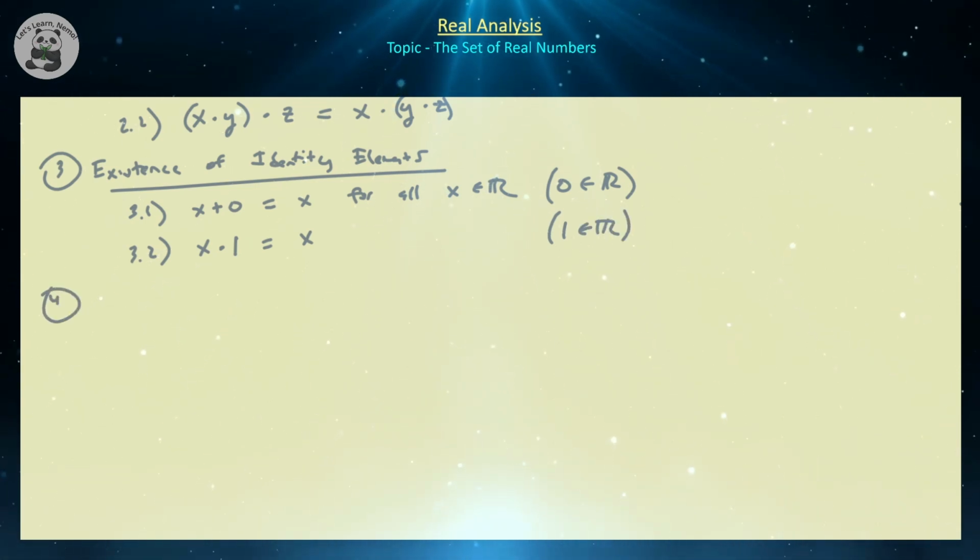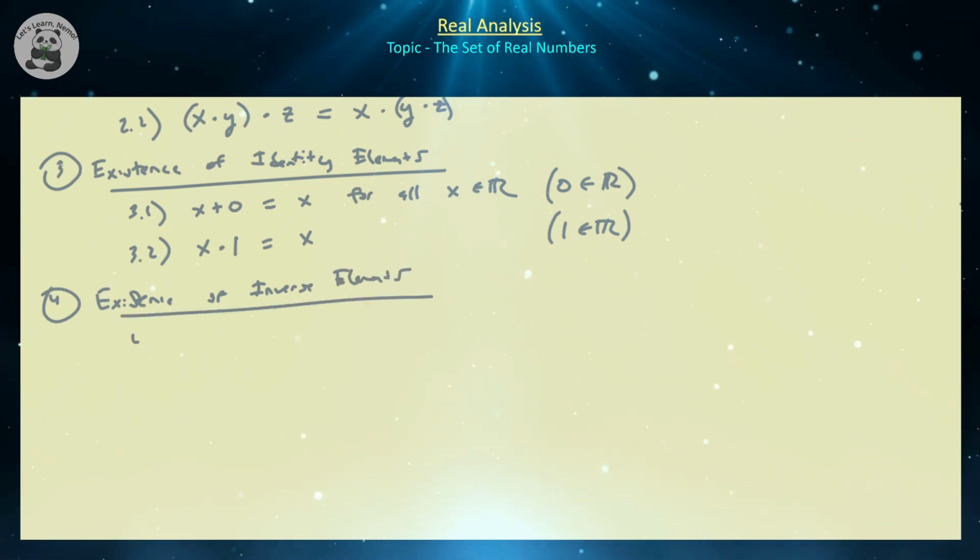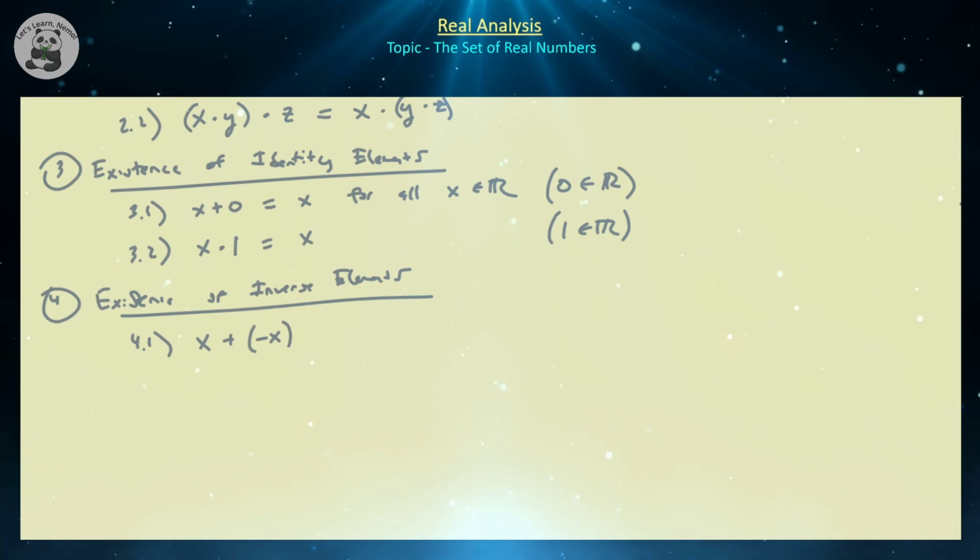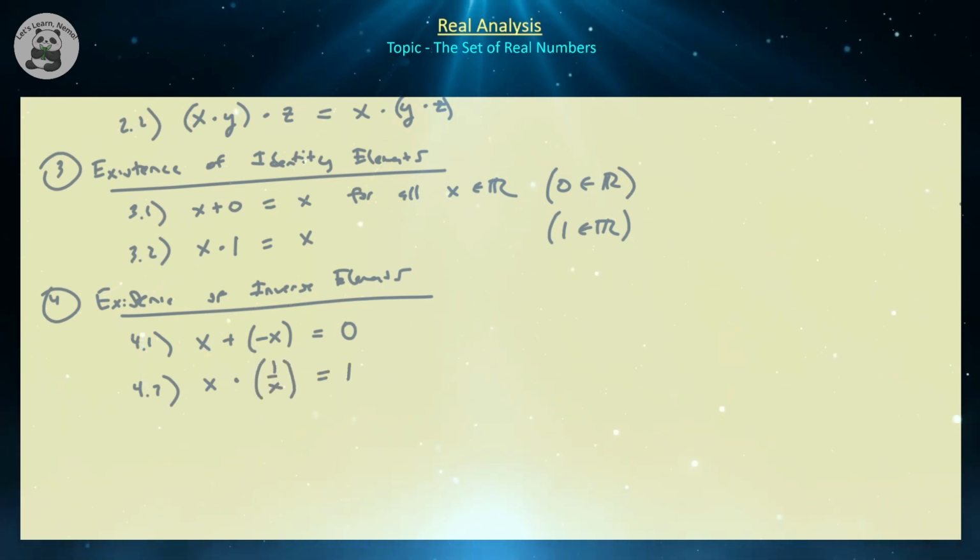The fourth is the existence of inverse elements. For addition, this says that if I give you a real number x, there always exists another real number minus x such that x plus minus x is equal to the additive identity element 0. The same thing goes for multiplication. If I give you a real number x, there always exists a real number 1 divided by x, such that this product is equal to the multiplicative identity, which is 1.